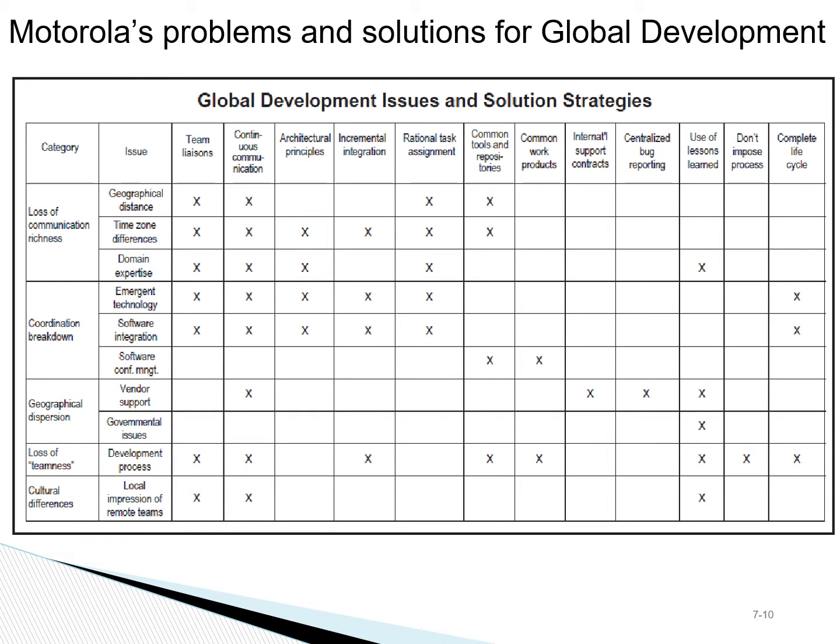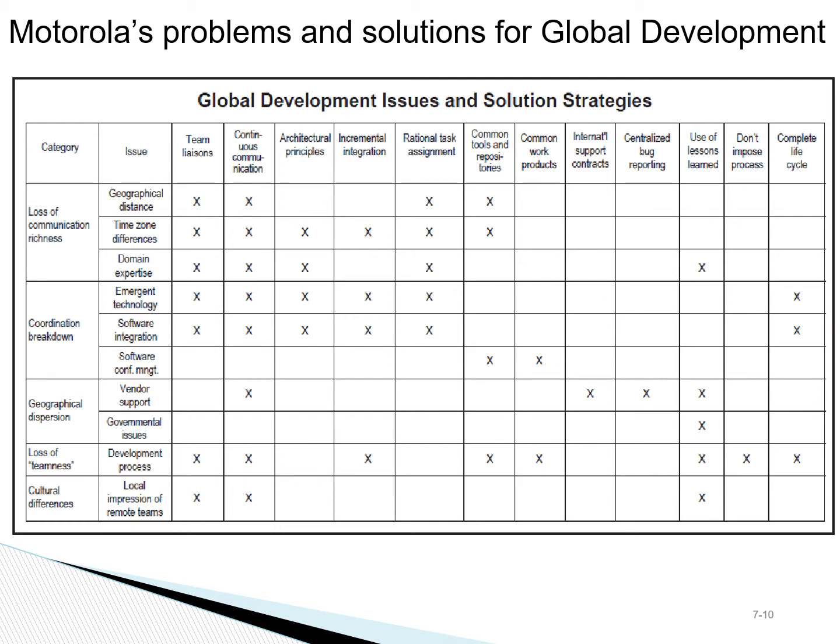These are listed under the issues in this table. And then for those 10 challenges, Motorola identified 12 strategies that are shown on the top of this table to address those challenges.